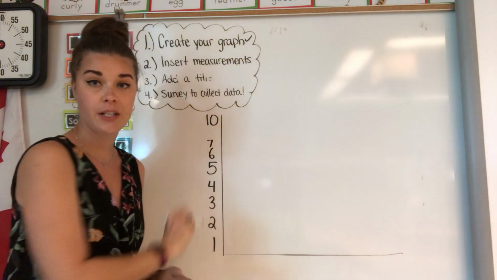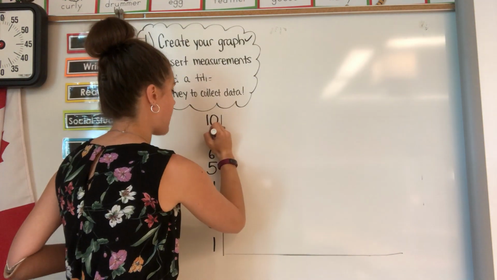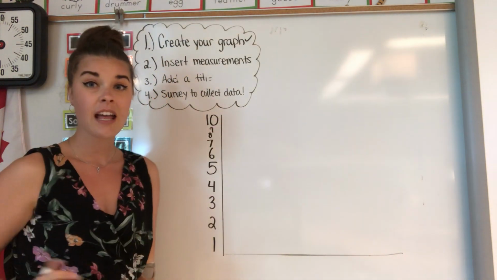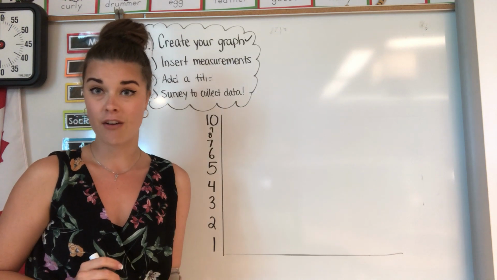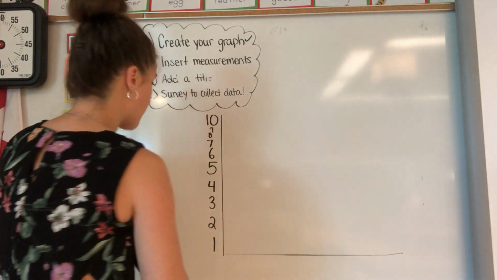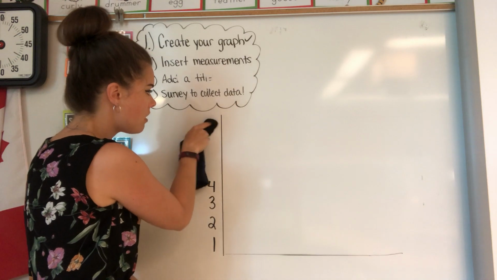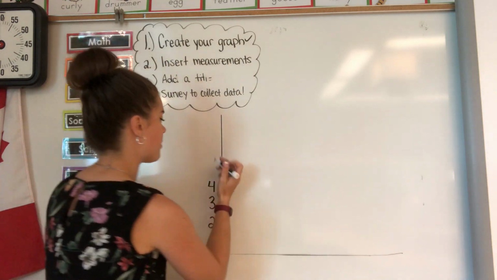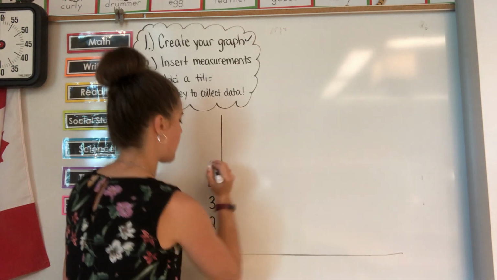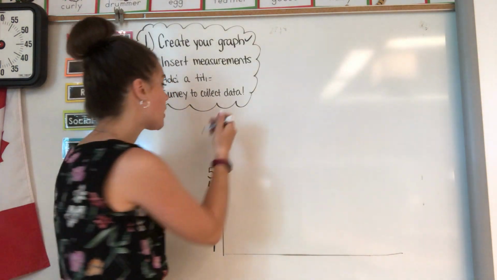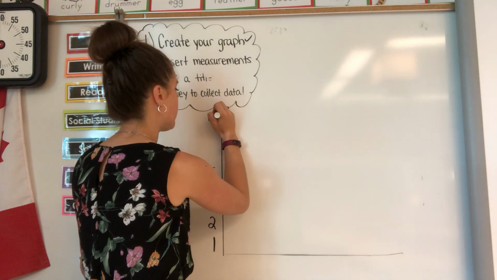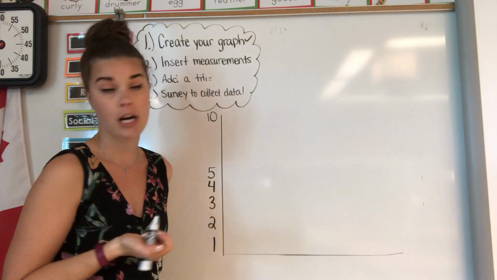Here I'm about to run into a problem because I'm going to have to squish my 8 and 9 in here, and it's not going to work very well. So I'm going to erase and shrink my 5 and my 10 a little bit. I did write it pretty big. I'll rewrite my 5 a little bit smaller, my 10 a little bit smaller as well, and now I can try again.